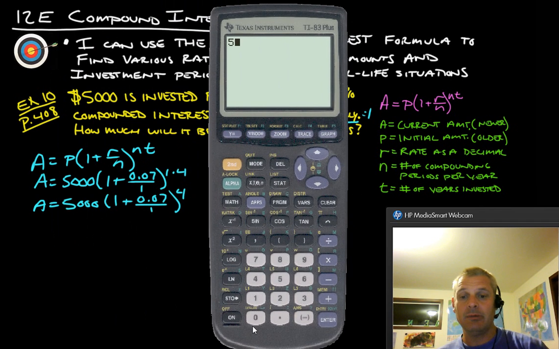5,000, parentheses, 1 plus 0.07 divided by 1. We don't really need to divide by 1, but we'll just do it anyway for good measure. And then we're going to take this all to the 4th power, and that gives us $6,553.98.